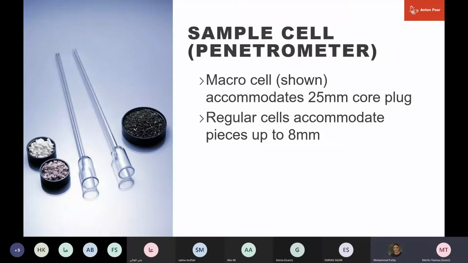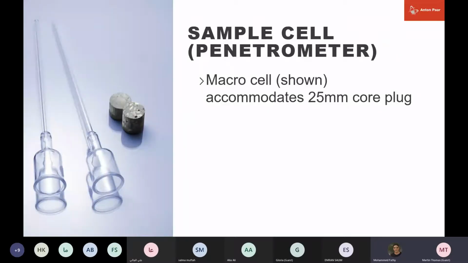There are two types, up to 8 millimeters, and a slightly larger one up to 10 millimeters, 1 centimeter across. So these are generally what one would use for cuttings, and this is the one that you would use for actual core plugs.